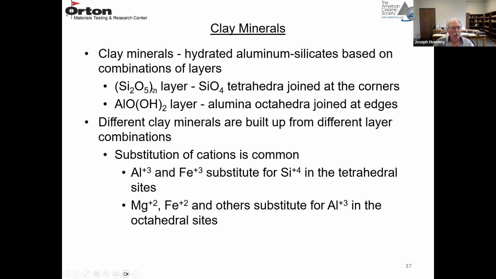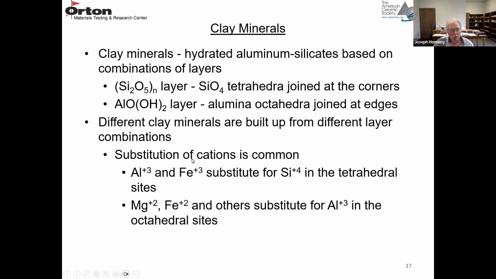So again, the clay minerals have two layers: the silica layer, SiO4 tetrahedra joined at the corners, and the alumina layer, the alumina octahedra joined at the edges. And the different clay minerals are built up from different layer combinations.